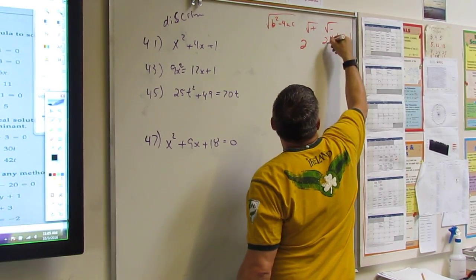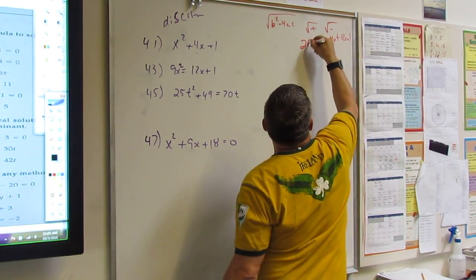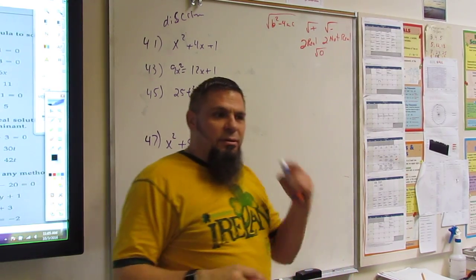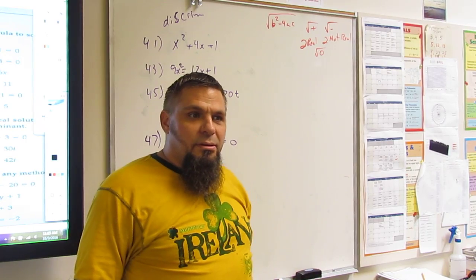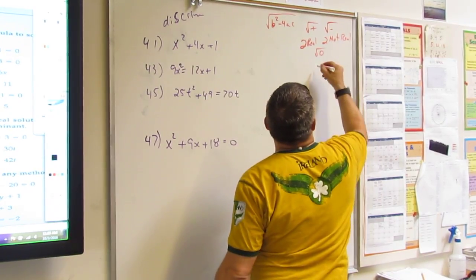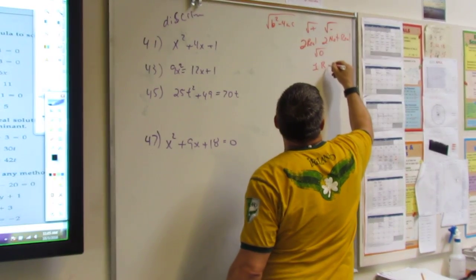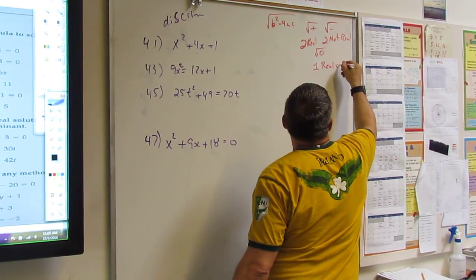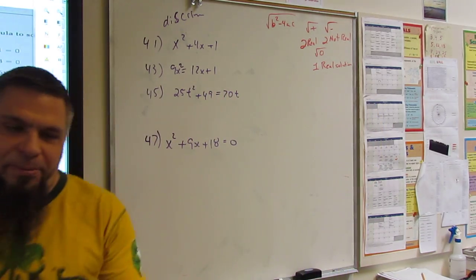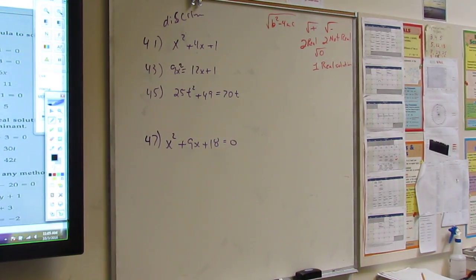And a square root of a 0 means 1 real solution. Okay? And that's the whole purpose of a discriminant.